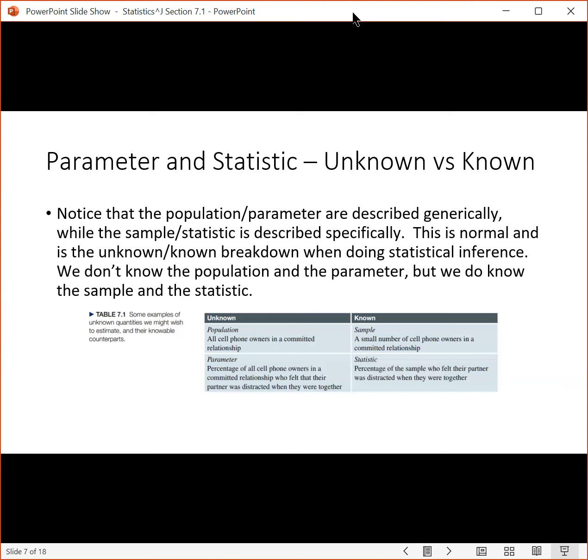Those two things are both known. The sample, we know the 1,400 people, and we know their answer to our survey question. So the small thing is known, the big thing is not known. And we use the small thing that is known to estimate the big thing that is unknown.